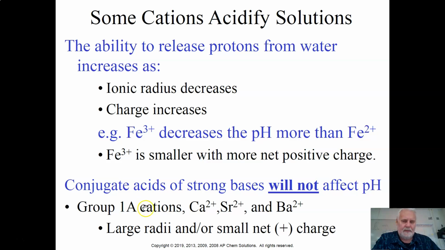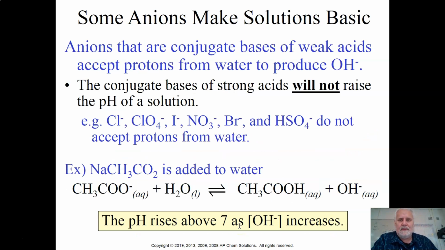There's kind of a combination of those things. Plus 1 obviously is a small charge. That's about as small of a positive charge as you can get. So the plus 2, the ones that are bigger, because they're farther down, will also fall into that range. So it's sometimes easier to figure out which ones will change the pH by just looking at the ones that will not, which if you know your strong bases, which you must, then you know that.